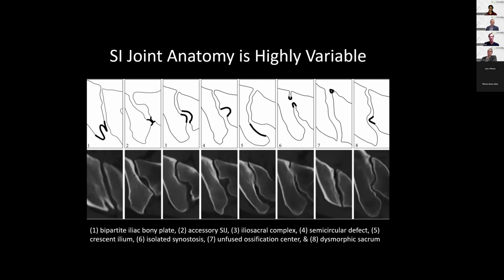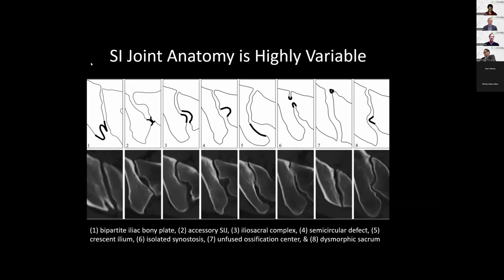And so, as it turns out, this has actually been studied. This is an article by Trinidad initially for the accessory or supernumerary SI joint, and then an article by Varique studying the variant SI anatomy. And the accessory SI joint is number two there. That's the one we recently saw.